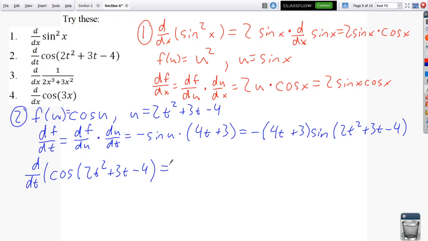The outside function is cosine of something. Cosine of something differentiates to negative sine of something. And when I say of something, I just mean all this garbage in here. The 2t squared plus 3t minus 4 is just bundled up in the variable that is called something. So the derivative of cosine of something is negative sine of something.